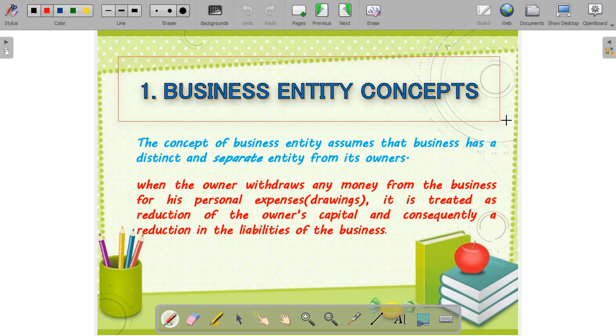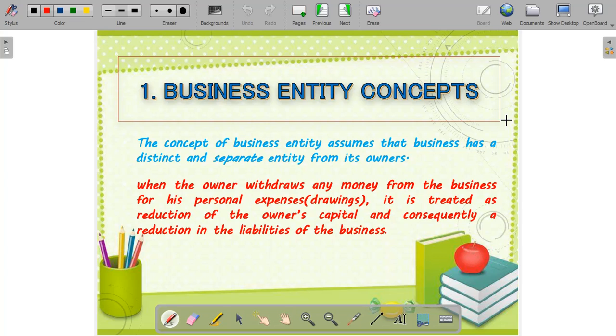We start from the very first principle, that is the business entity concept, which is also known as the business entity principle. According to this principle, business entity assumes that business has a distinct and separate entity from its owners. Basically, when accounting is done, it is done from the viewpoint of the business and not from the viewpoint of the owner.